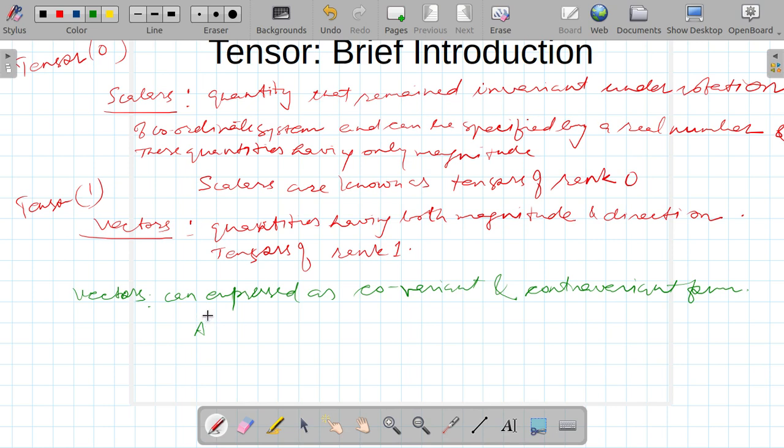As we know, A prime i is equal to partial x prime i over partial xj times Aj, and here the vector A is a contravariant vector.